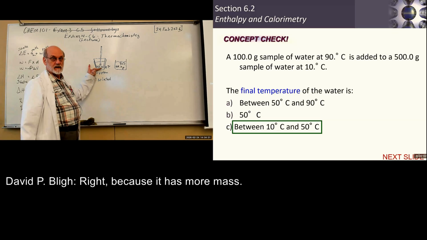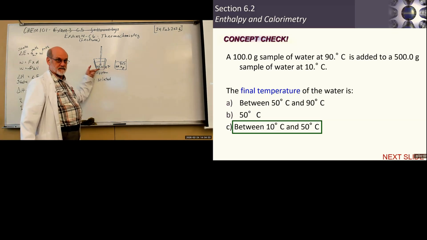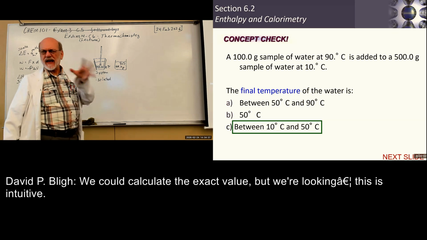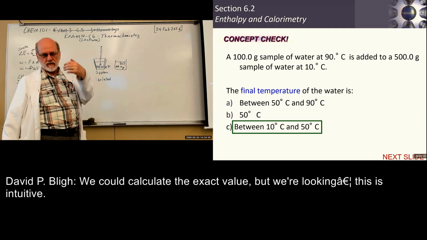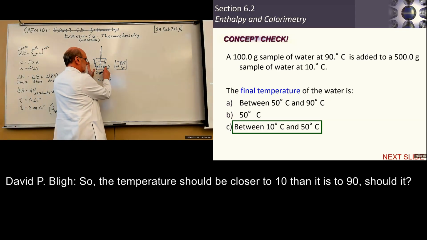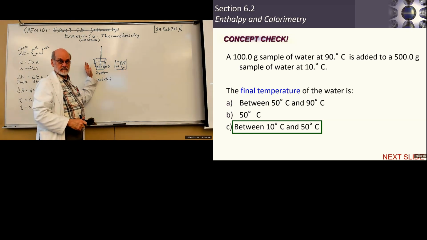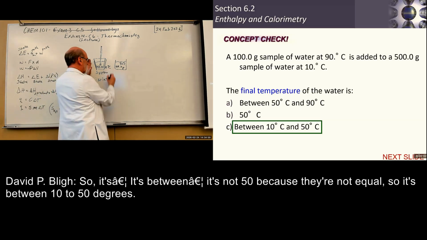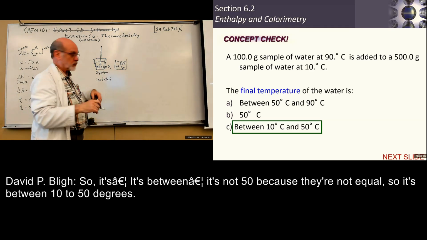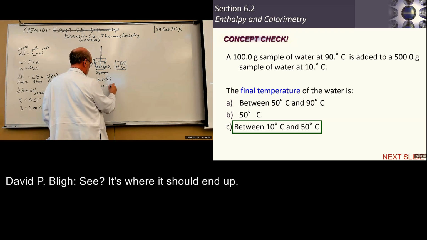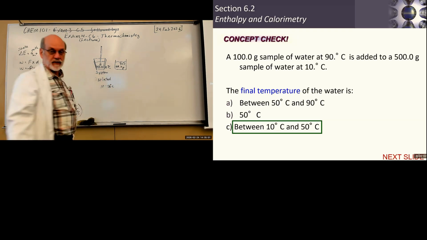This one, because it has more mass. So where should this one end up? We could calculate the exact value, but this is intuitive. So the temperature should be closer to 10 than it is to 90, shouldn't it? Because we've got more mass here. It's not 50 because they're not equal. So it's between 10 and 50 degrees, is where it should end up.